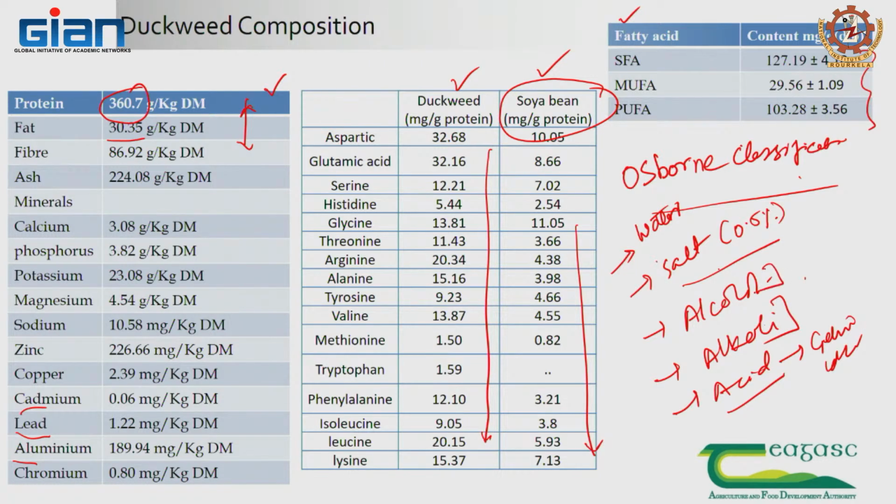Some is alcohol soluble, some is salt soluble, and some is water soluble. Just now I mentioned duckweed protein, majority is Rubisco. It is a water soluble protein. So, if you use an alkali, your yield won't be as great as what you get from the water. So, just using a common solvent will not solve your problem.